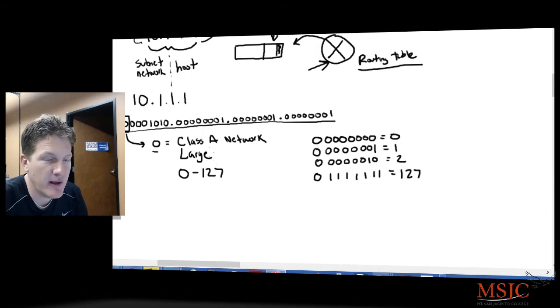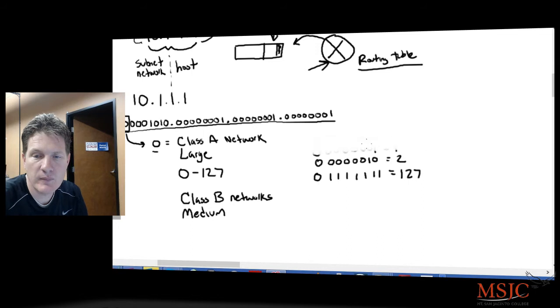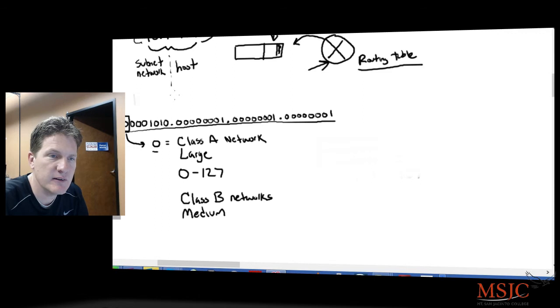So then Class B networks, or the medium networks. Oh, and by the way, before I get into that, in a Class A network, if I were to look at each of these octets, this is the X octet.